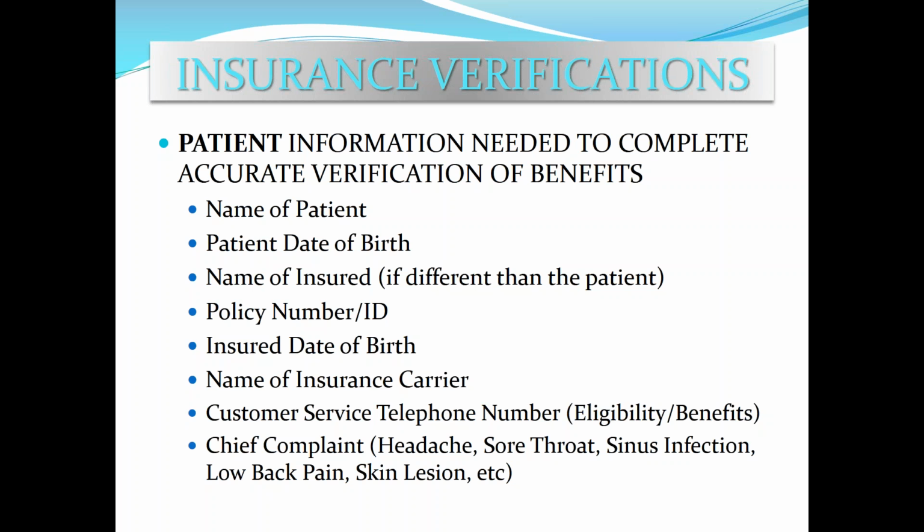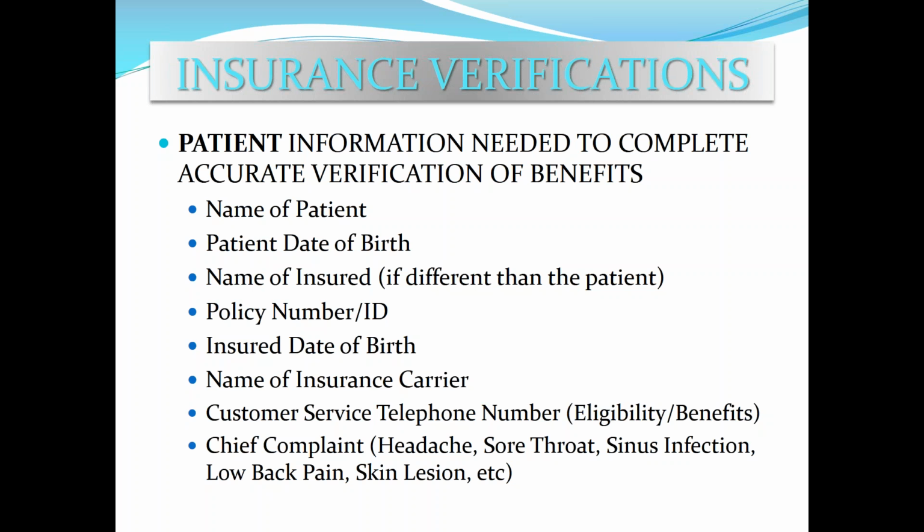You need the policy number or the ID. Sometimes you will need a group number. Most insurance cards will have a policy number and a group number. The policy number is also known as the subscriber number. So you may be asked for the subscriber number or the policy number.